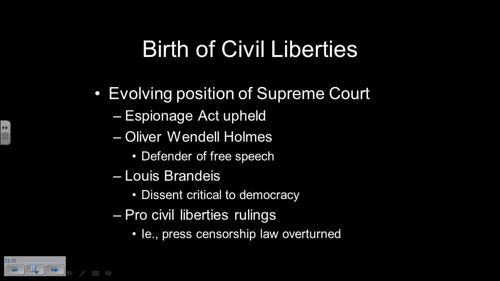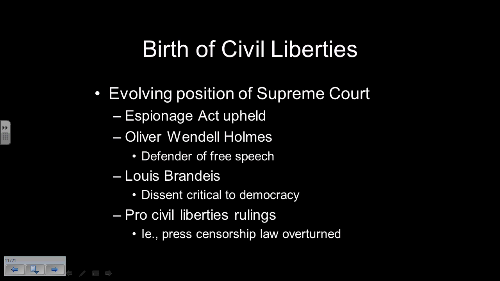Remember, during World War I, if you said anything against the system of government or capitalism, that was punishable by law. Kansas had a similar law. The Supreme Court overruled it, saying you have the freedom of speech to say things against capitalism, against the American government. We're not going to throw you in jail for that.